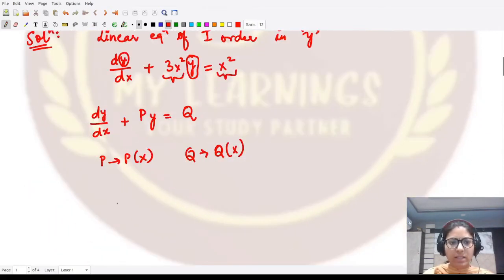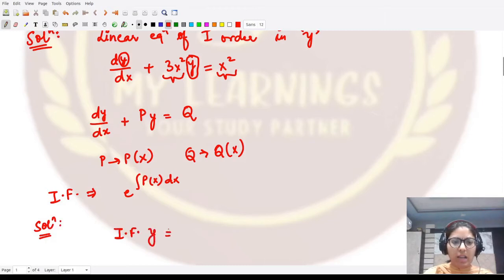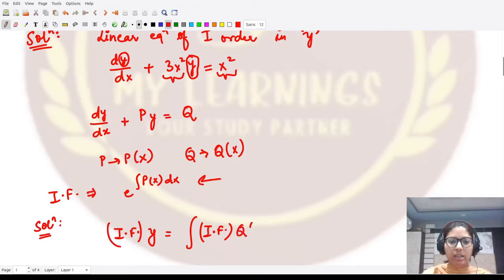We first calculate the integrating factor, that is e to the power integration of p dx, since p is a function of x. Once we have the integrating factor, multiplying it with y gives the solution, equal to the integration of the integrating factor times the right hand side, that is the q value. So this would be our solution.